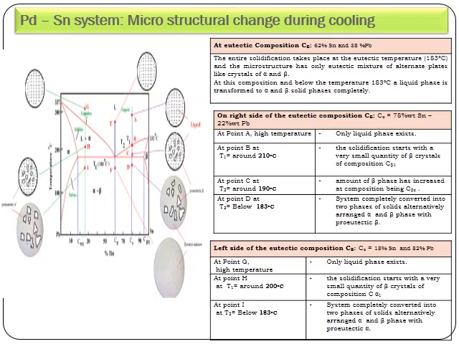When we reach the point 183 degrees Celsius, which is called the eutectic temperature, the system is suddenly transforming into two different solid phases which are aligned parallelly one after another.